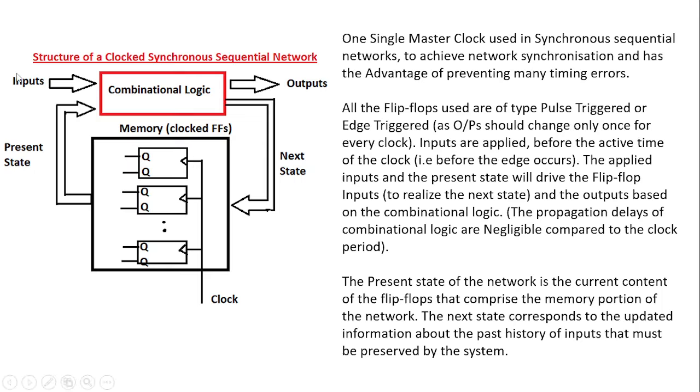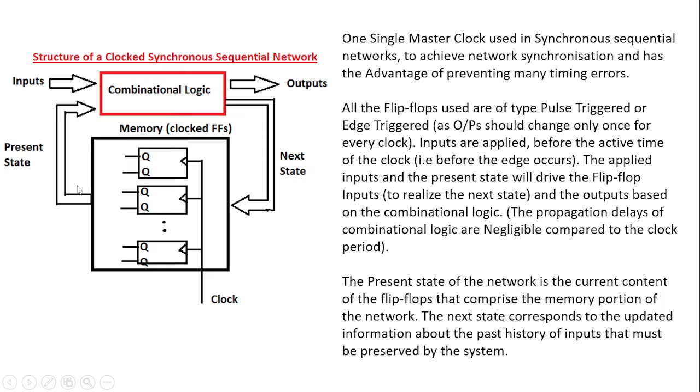One, inputs, which were not part of the counter study, are there now. Also, apart from the outputs from the flip-flops, we are also producing external outputs. So any clocked synchronous sequential network in general not only has the memory component, that is, a set of flip-flops, it also has certain inputs. Generally the inputs are received in the form of a bit stream, and we also produce a bit stream as output. All our work is with reference to the clock input.